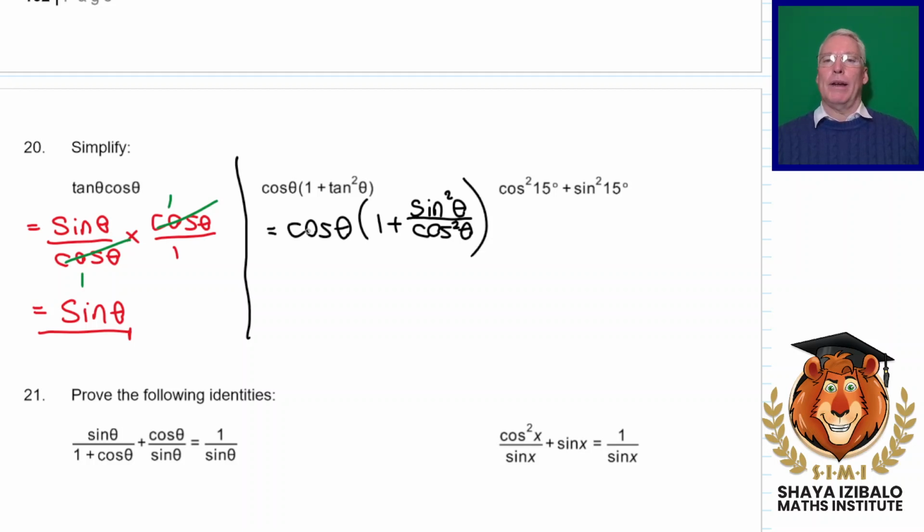Now when we multiply cos theta in here, we're going to get cos theta, and here the cos is going to divide out. One of the coses is going to divide. We're going to get sine squared theta over cos theta.